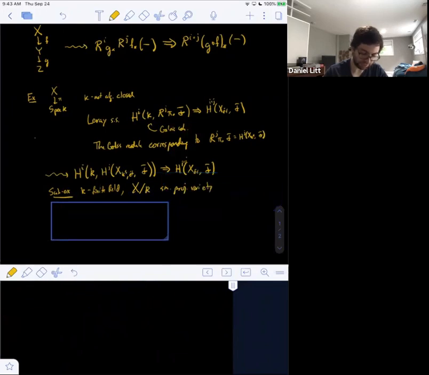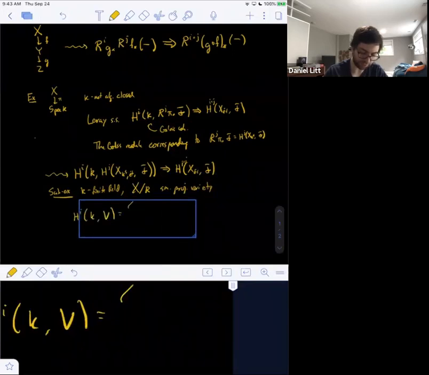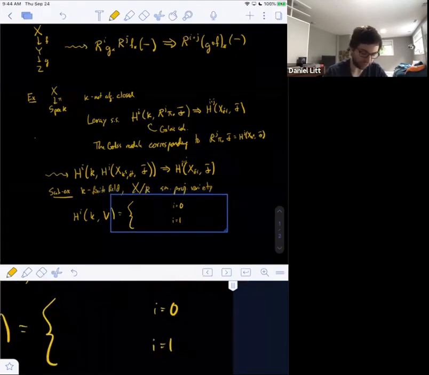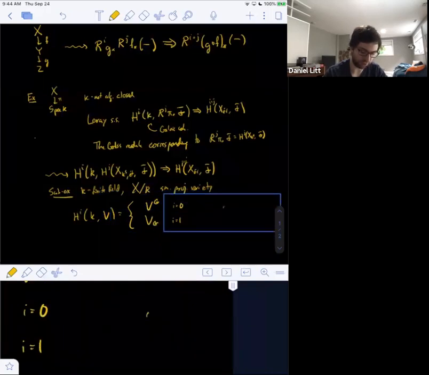In that case, Galois cohomology of a finite field is easy to understand. Can anyone remind me what it is? There are only two cases, i equals 0 and 1. We're just taking the cohomology of Z hat. The exercise you should work out is that the cohomology of Z hat is as follows: it's the invariants in degree 0, the coinvariants in degree 1, and it's 0 in higher degrees.